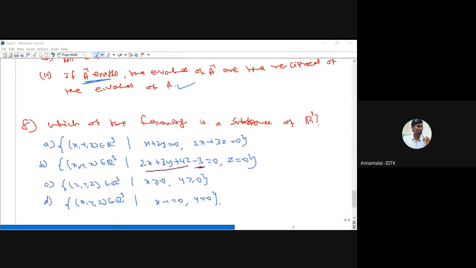Look at the third option: if we multiply a vector by a negative number, scalar multiplication is not closed. The last option again, (0, 0, 0) does not satisfy the condition. Therefore, only the first option is a subspace.